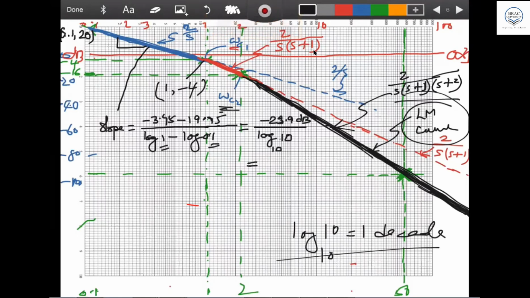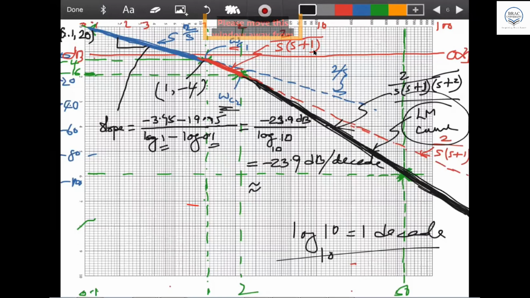So if that is the case, then what we are going to get here is minus 23.9 dB per decade. Minus 23.9 dB per decade will be the slope of this blue line. The blue line slope is, we can get minus 20, approximately, standard case.